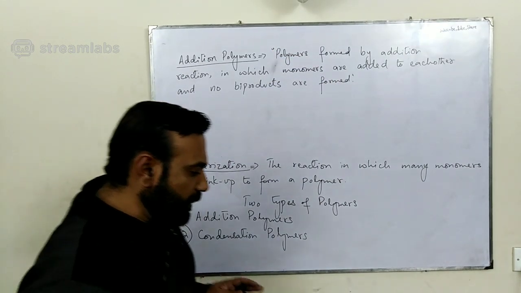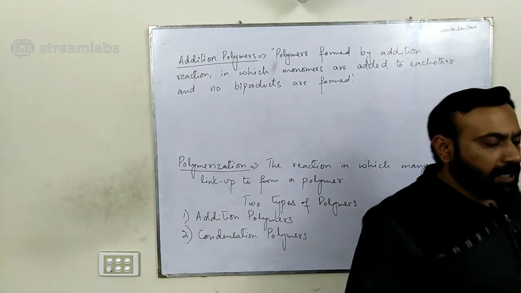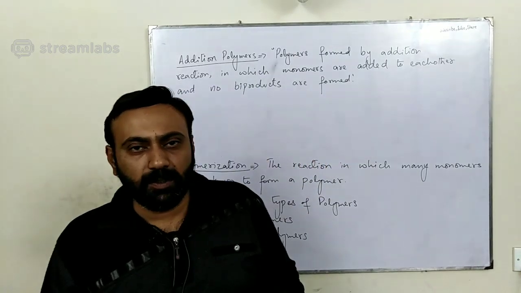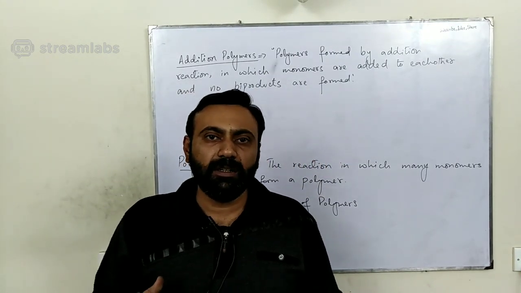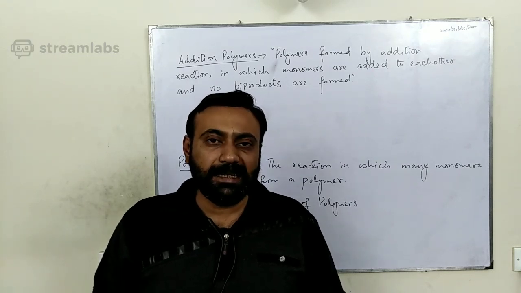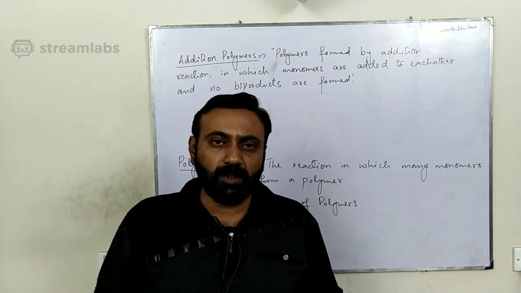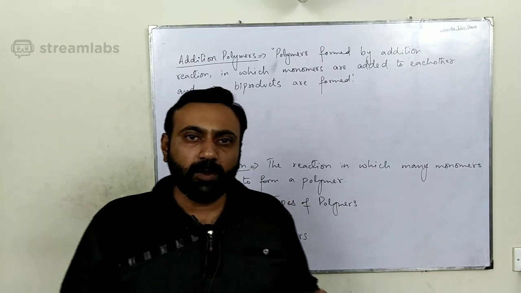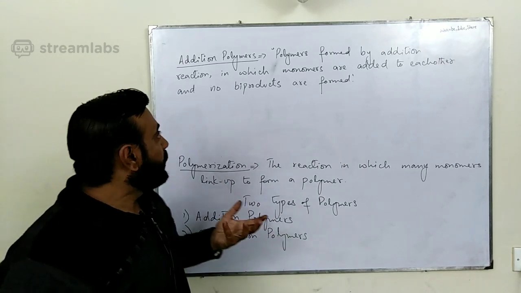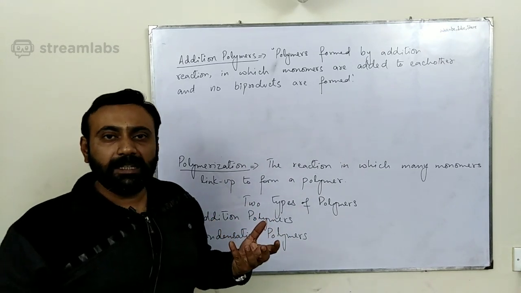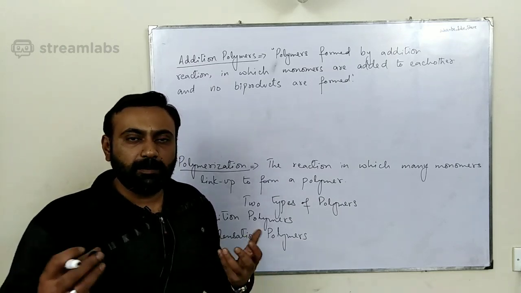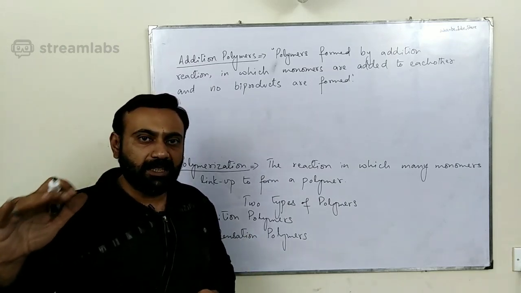Okay, so if you are an O-level and IGCSE student, there is only one such homologous series in your syllabus in which addition reaction is possible, and that homologous series is alkenes. That means the presence of a carbon to carbon double bond. So in order to undergo addition polymerization, again the monomers have to have carbon to carbon double bonds. That means they have to be unsaturated compounds.